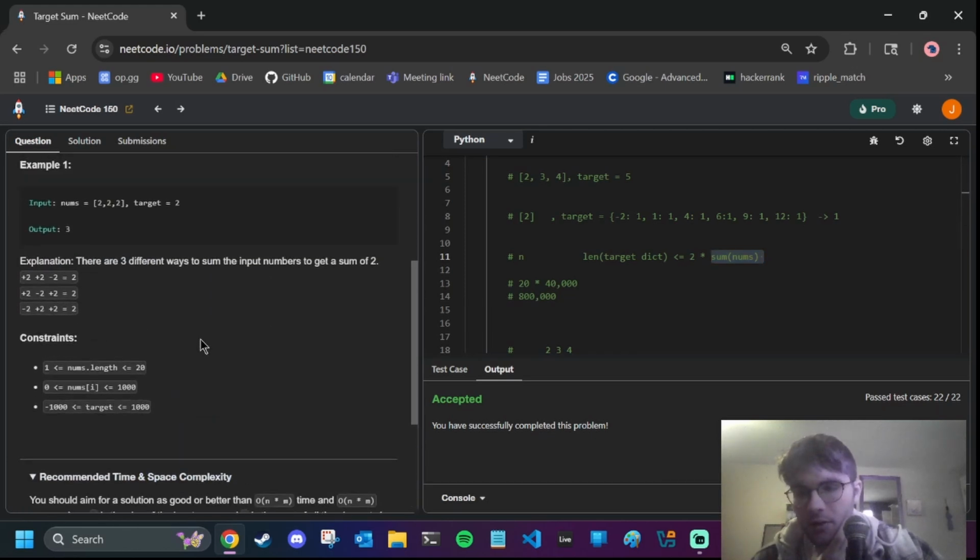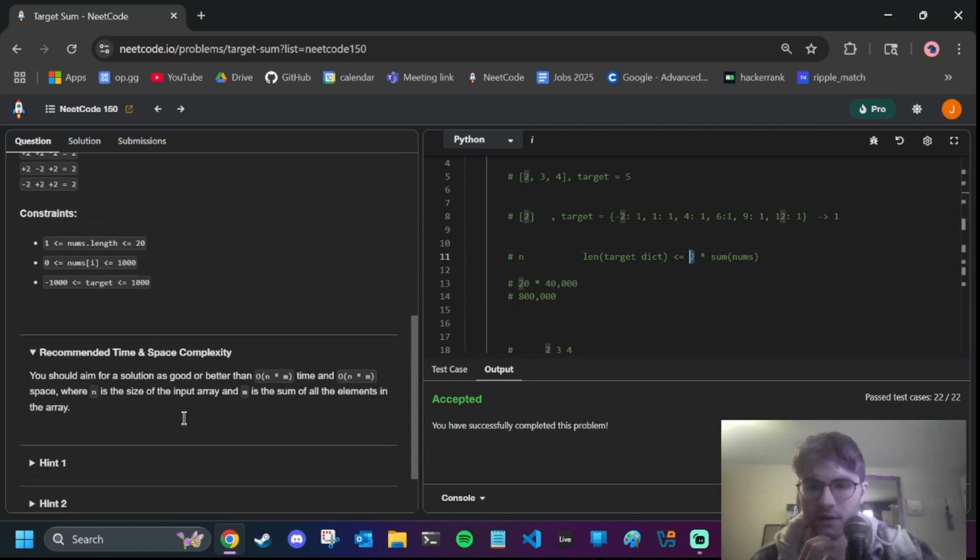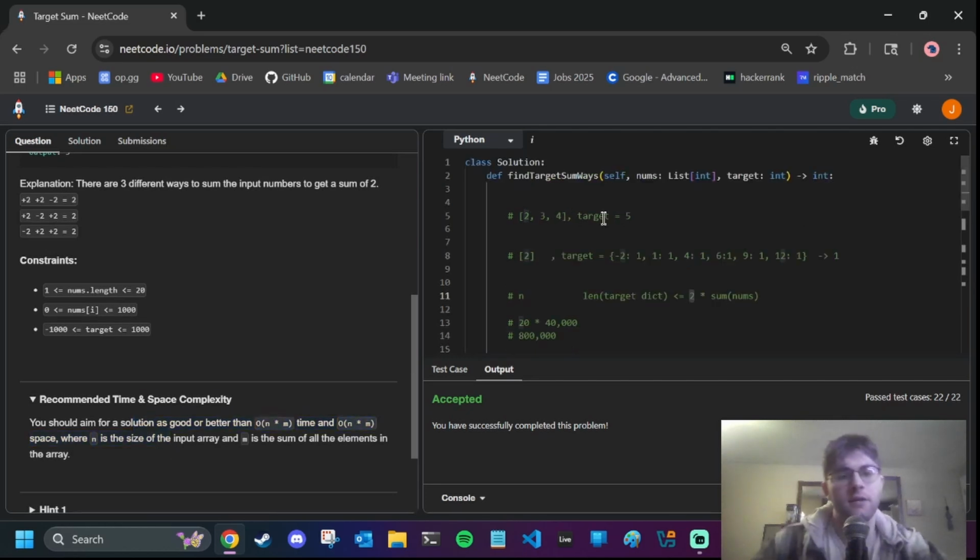So this is n times m, where n, oh my gosh, really? N is the size, and m is the sum of all the elements. Interesting. So n is the size, and m is the sum of all the elements. And well, I said 2, but you can kind of get rid of that. Okay, so I think I have the right idea then.